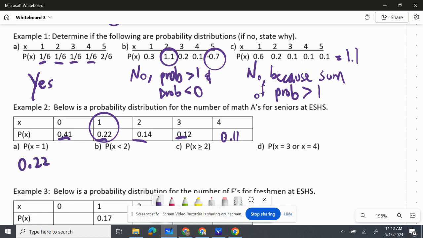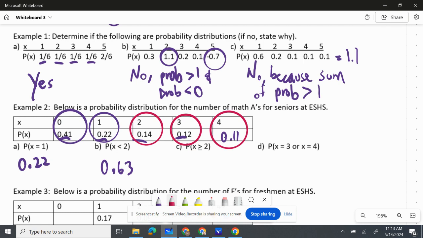Less than 2 includes 0 and 1, so that would be 0.63. Greater than or equal to 2 means it's equal to 2 and greater than 2, so we add up each of those probabilities, and that gives us 0.37. And then for the last one, a 3 or a 4, that gives us 0.23.